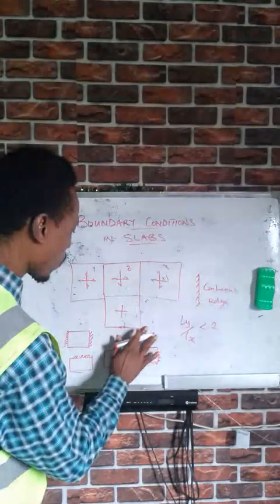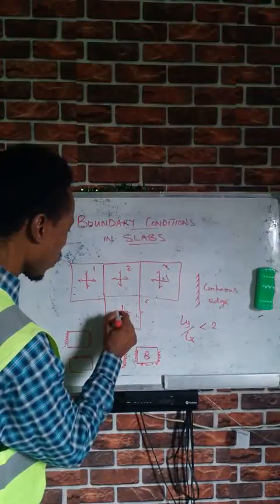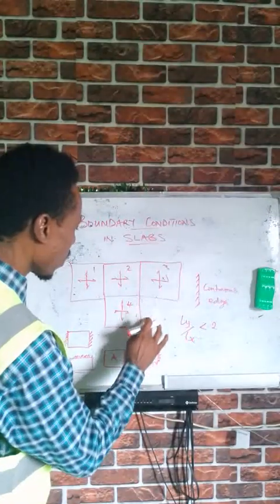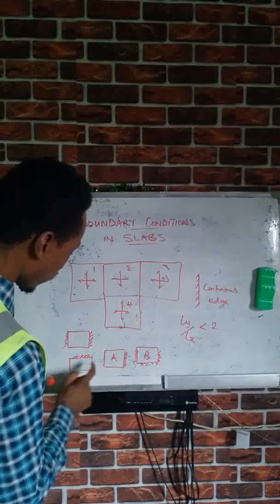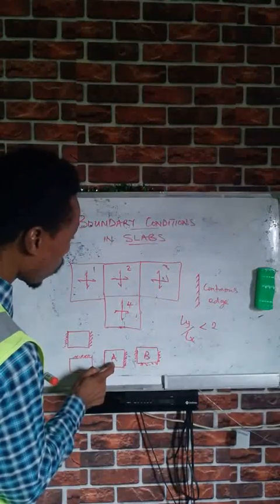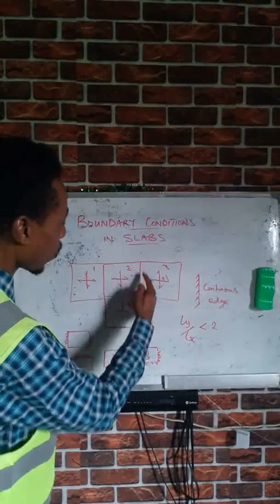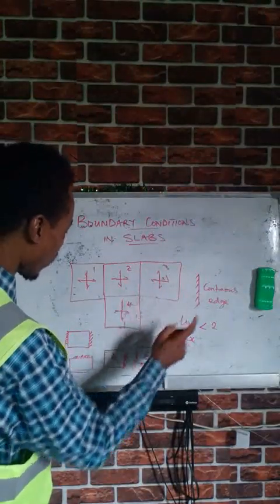Let's say panel 4 is hinged at this point. You can see that panel 3 satisfies this condition: it is continuous at this edge and free at this edge.